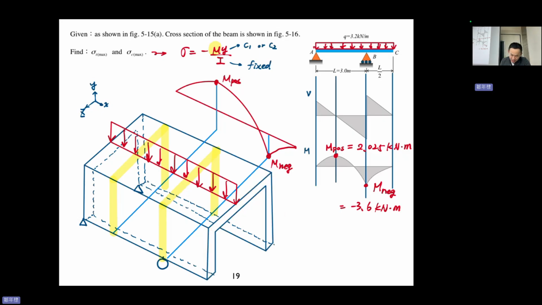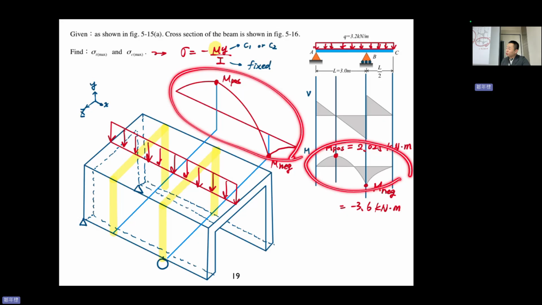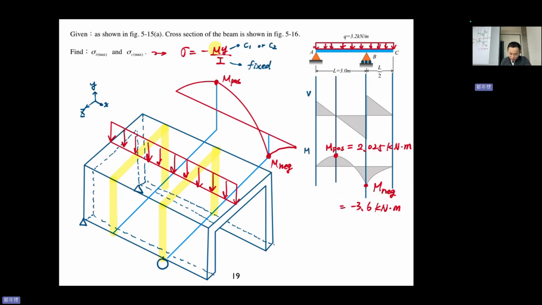And this is the distributed load, and this is the moment diagram corresponding to different positions of this material.